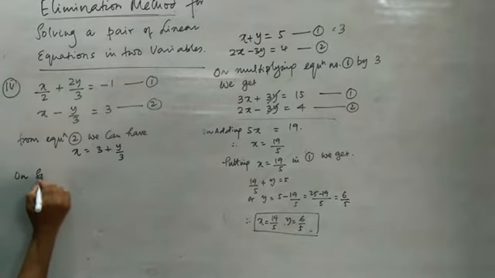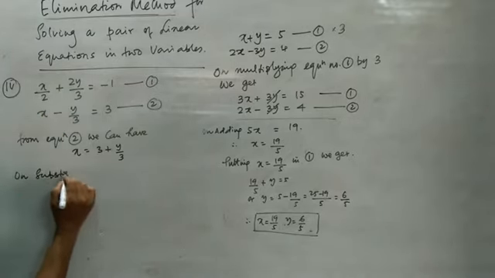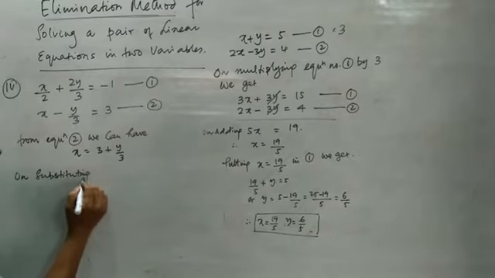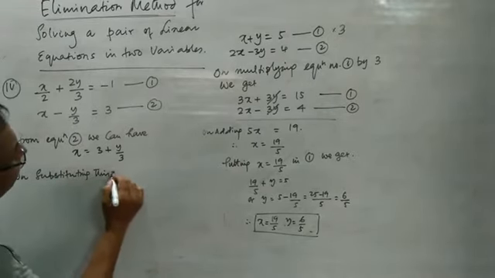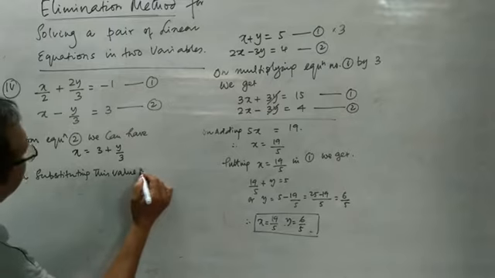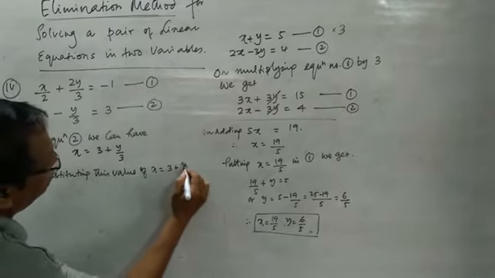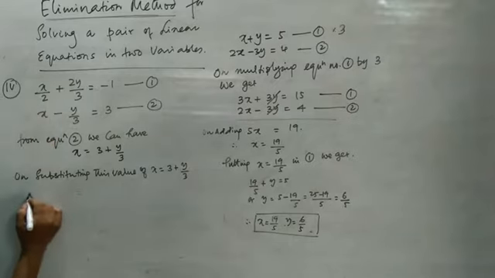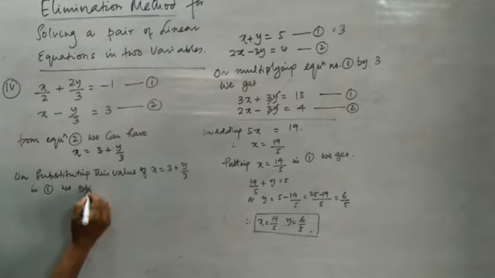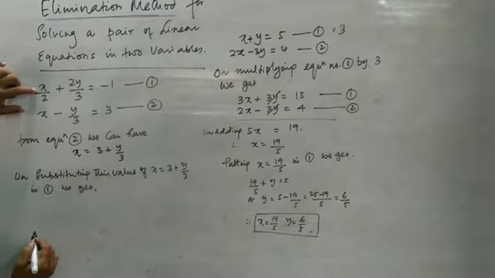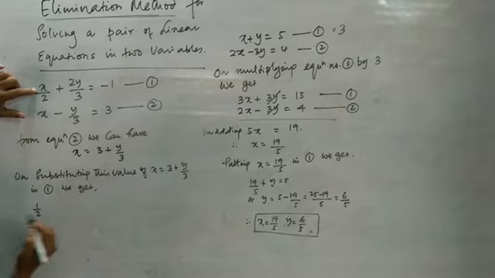On substituting this value of x equals 3 plus y by 3 in 1, we get, see, here x coefficient is 1 by 2, so we will write 1 by 2.